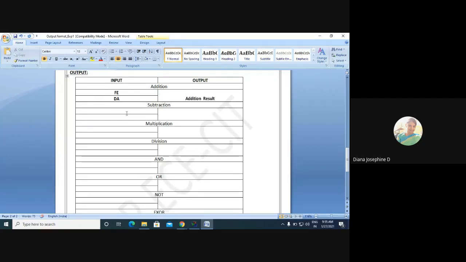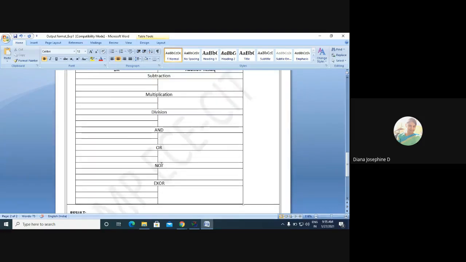Similarly for subtraction, multiplication, division. For multiplication you will have 16-bit data, so you can write the 16-bit data here. For division, you can write the remainder and quotient, specifying that this is the remainder and this is the quotient, as it was specified in the table in the PPT ma'am showed.